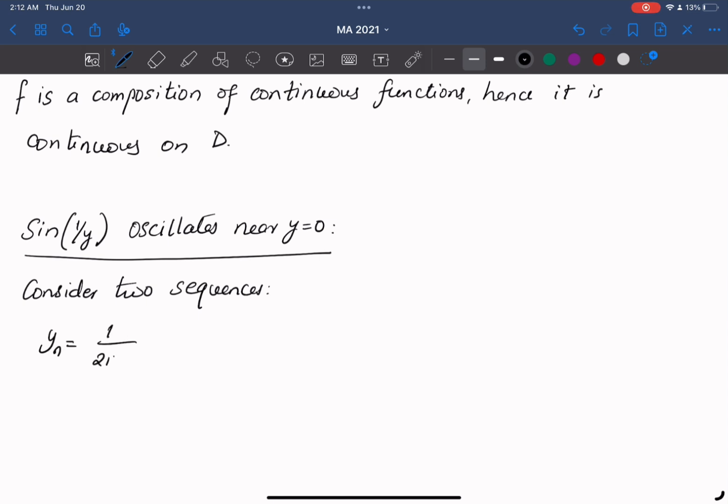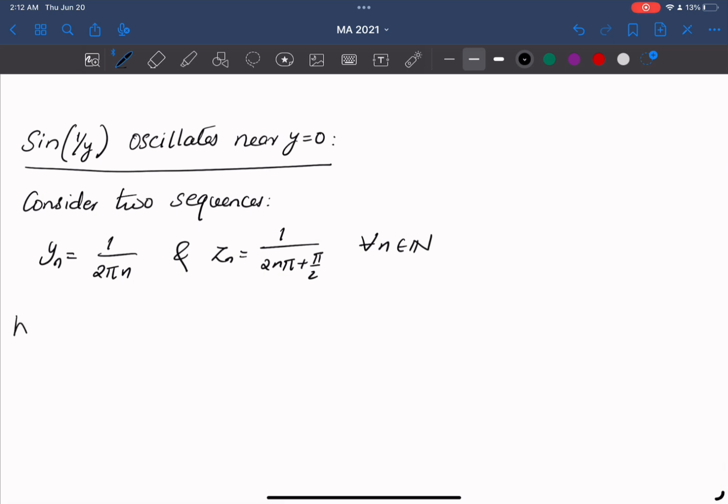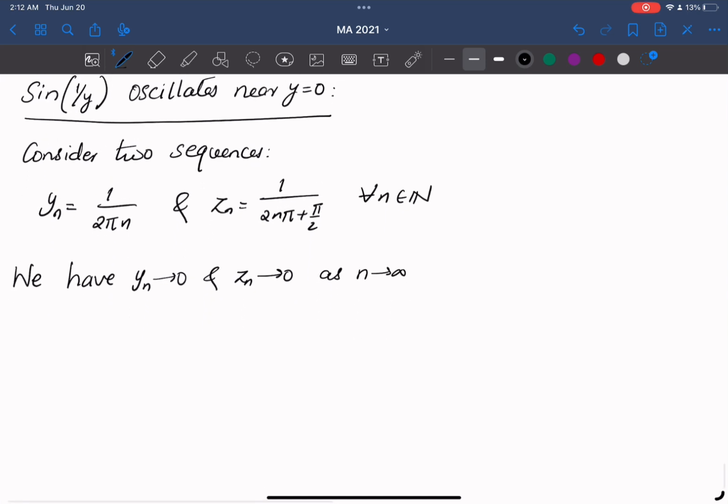Suppose we have the sequence y_n equal to 1 over 2 pi n and z_n equal to 1 over 2 pi n plus pi by 2 for all natural numbers n. Now, it is easy to see that these sequences converge to 0 as n tends to infinity.